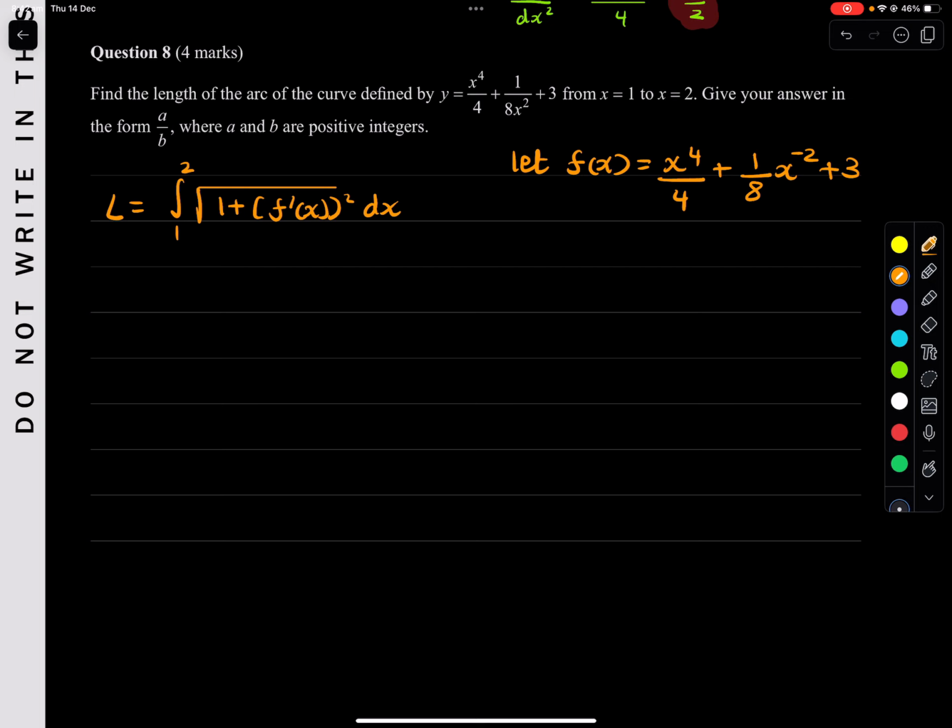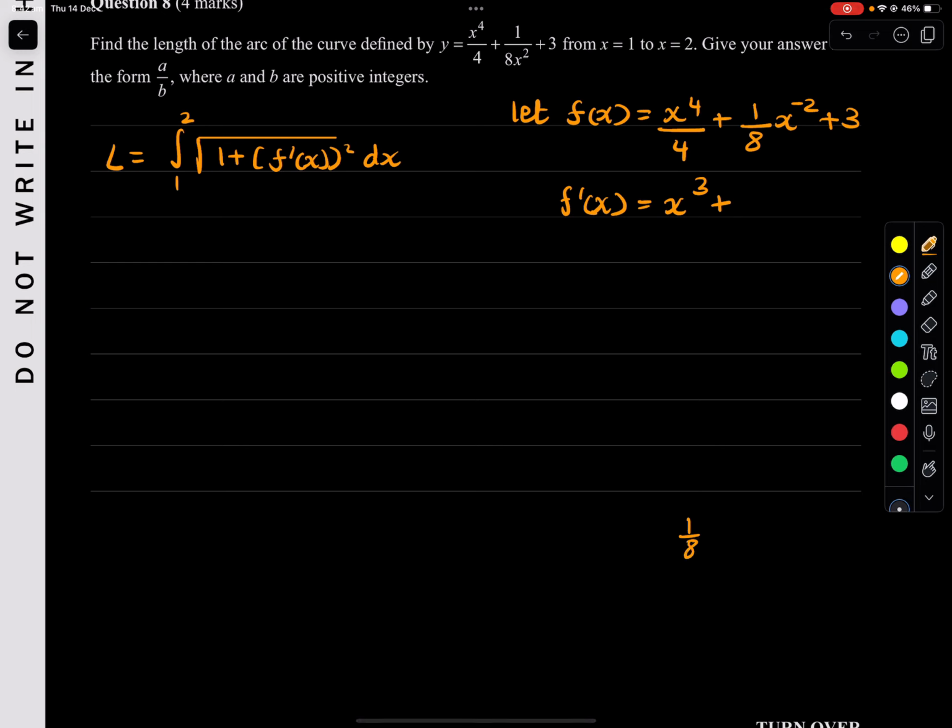Okay, so that's good. So f dash of x is what? It'll be just x to the power 3, because 4 times, that cancels out. And then plus 1 over 8 times negative 2 x, and minus 1 will be negative 3, so it'll be negative 1 over 4 x to the negative 3.